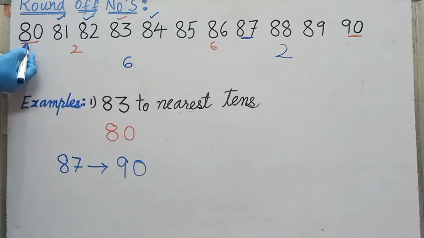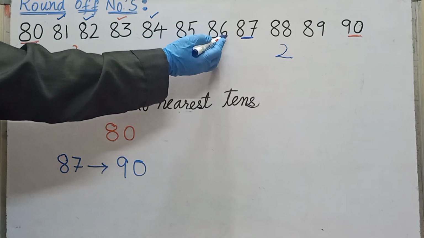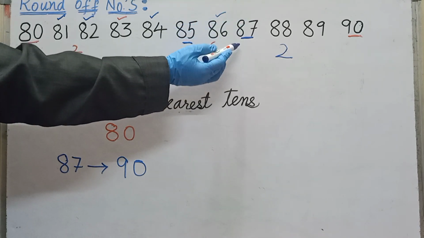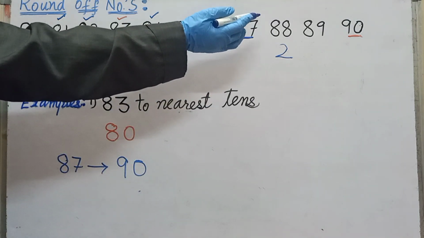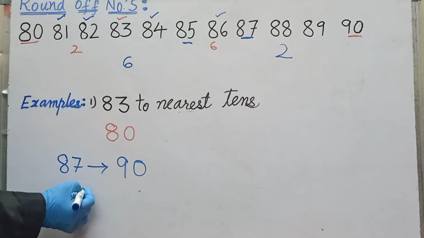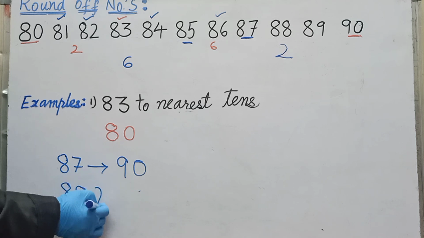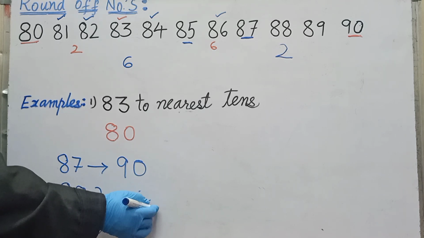So it will be rounded off to 80. Similarly, you leave this 85. Now we will check 86. 86 will be nearer to 90. We got 87 nearer to 90 only. Similarly, 88 and 89 will also be nearer to what? 88, 89, both will also be rounded off as 90.